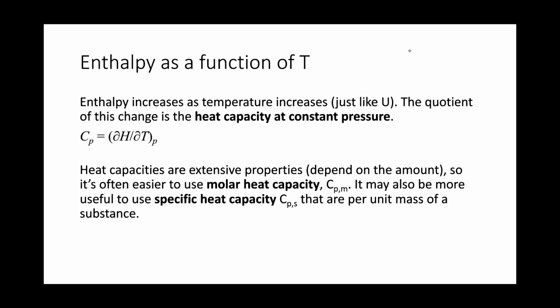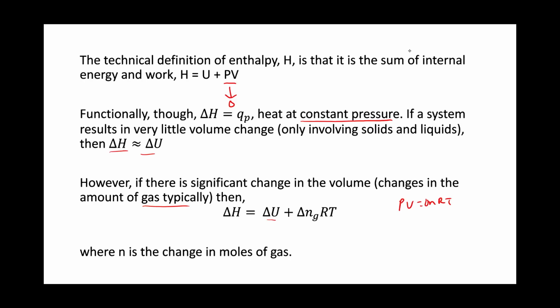Now, just like our internal energy, enthalpy is going to increase as our temperature increases. Because think about this: if enthalpy is internal energy plus extra stuff, and we already said that internal energy increases as the temperature increases, then if U goes up, H by definition also has to go up.